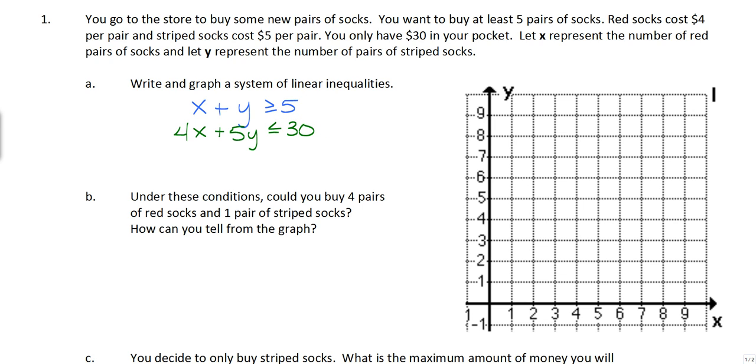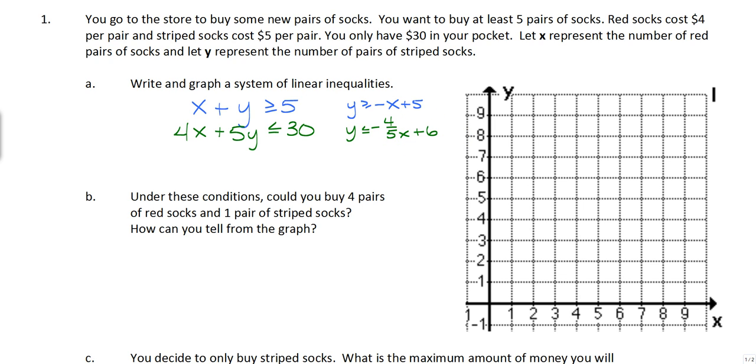And of course, what you would want to do with both of these is make sure you write them in graphing form. So y has got to be greater than or equal to negative x plus 5, and y has got to be less than or equal to negative 4/5 x plus 6.